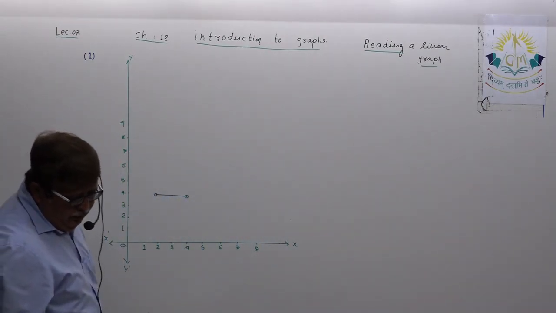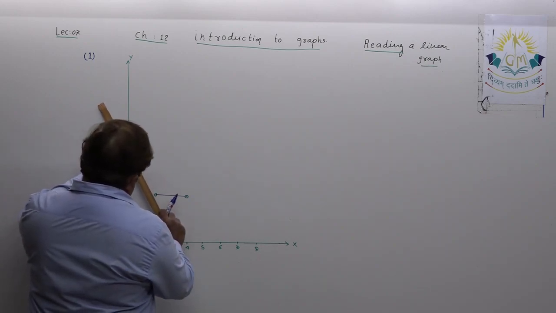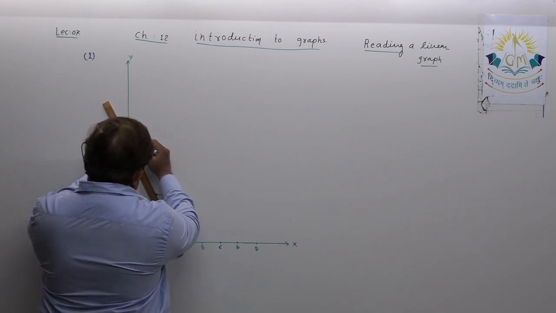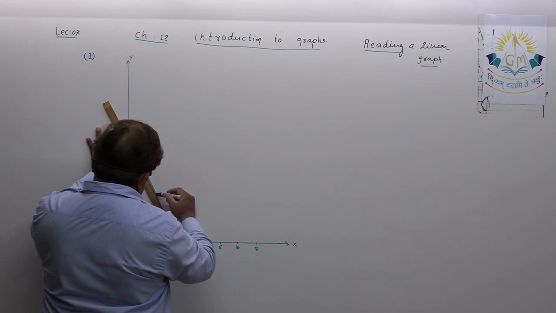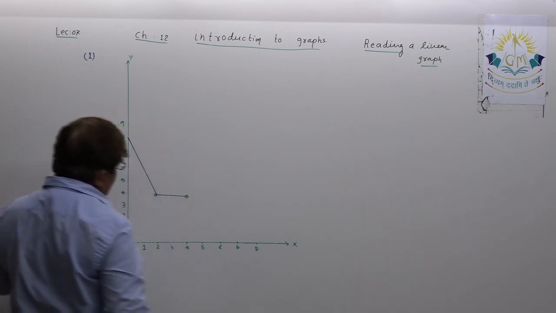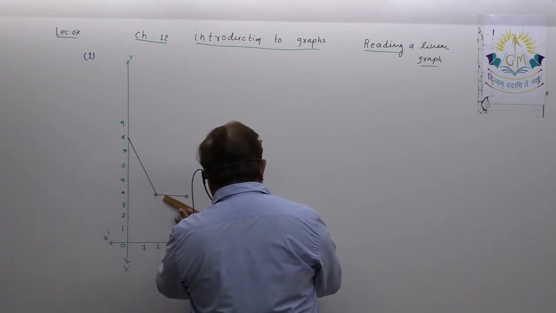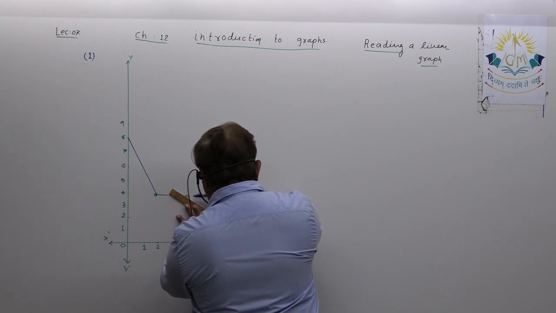Then they have joined the graph with this point. This is already given. Just because I am explaining to you, that's why I have to draw it for you. Okay. Now this is also joined here.